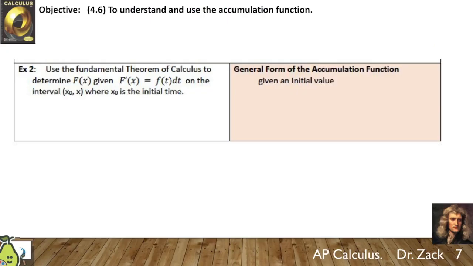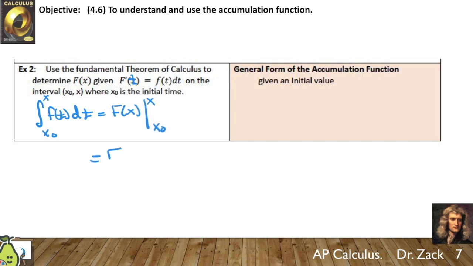So we're going to use the fundamental theorem of calculus to determine f of x, but we do know that capital F prime of t is equal to little f of t. So if we were to integrate little f of t dt over our interval x naught to x, we know from the fundamental theorem of calculus that that would be the antiderivative, capital F of x, evaluated from x naught to x.